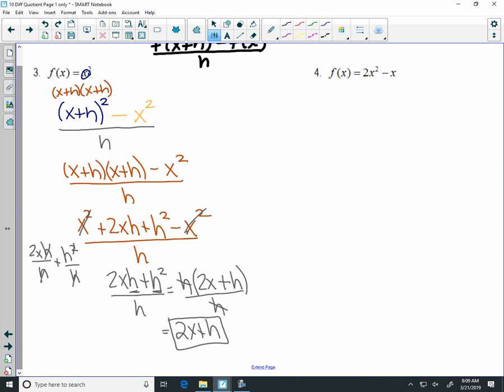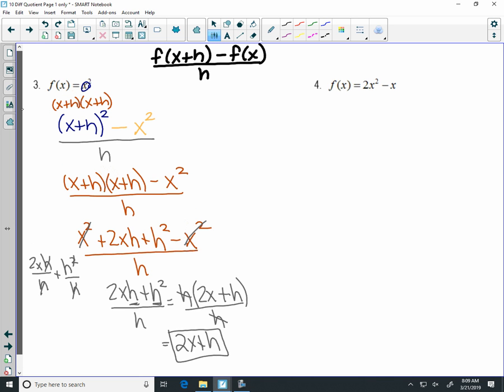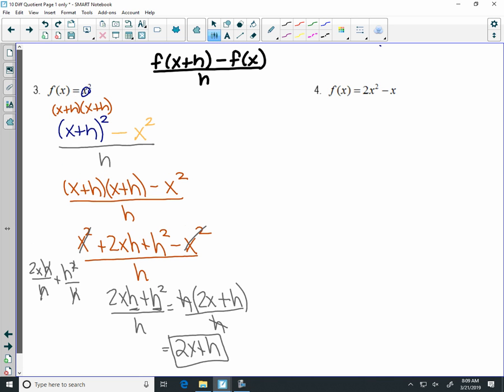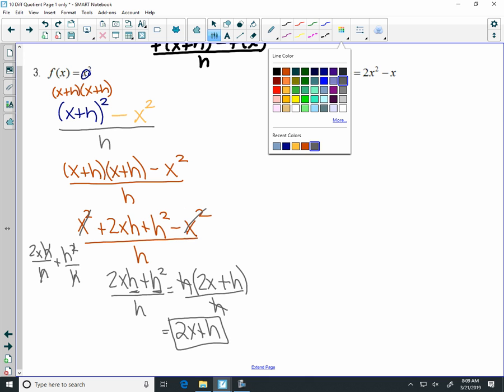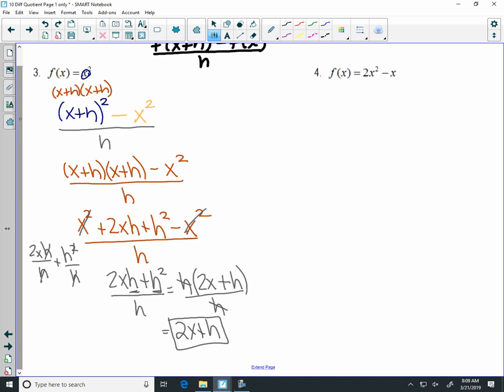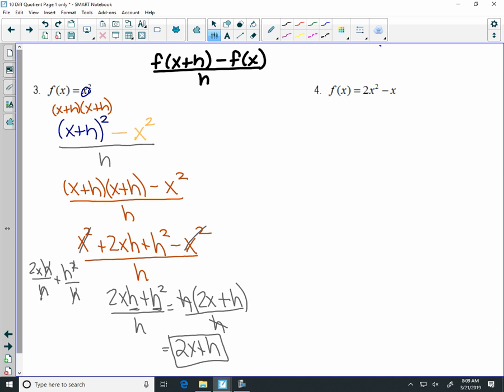All right, I think I'm going to do one more problem on this video. I have 2x squared minus x. So the more terms you have, the more complicated your x plus h situation is going to be. When I'm doing f of x plus h, I'm going to put x plus h in here both places for both x's. So it's going to look like this.